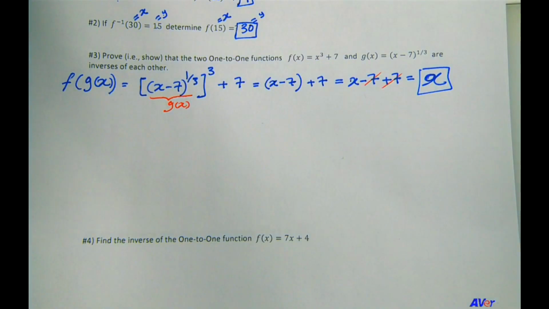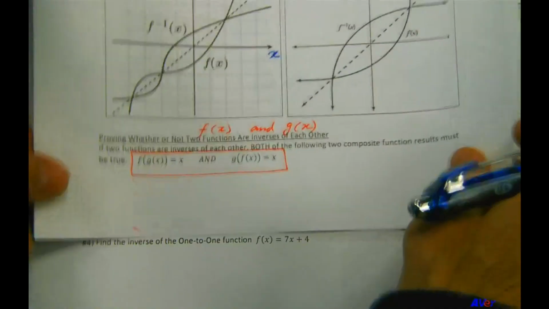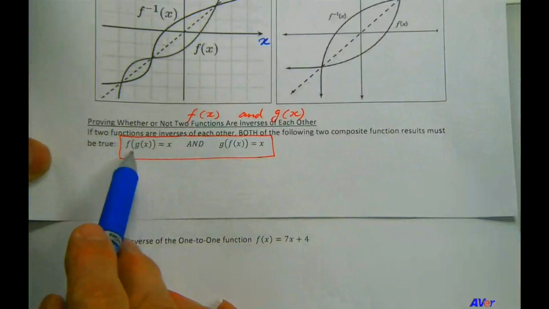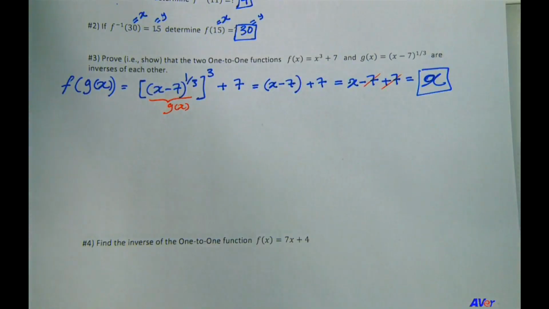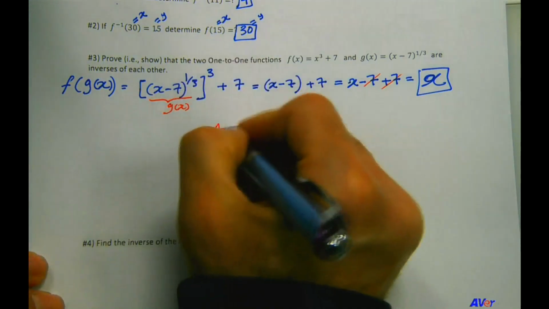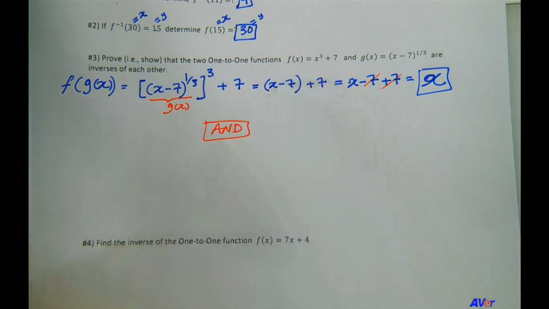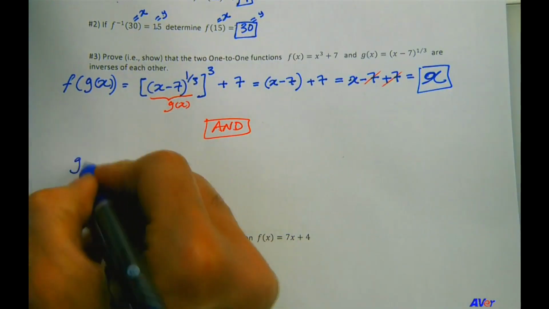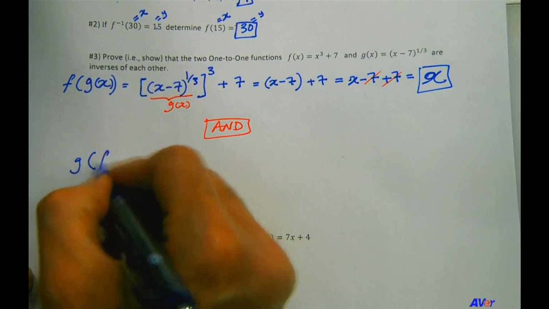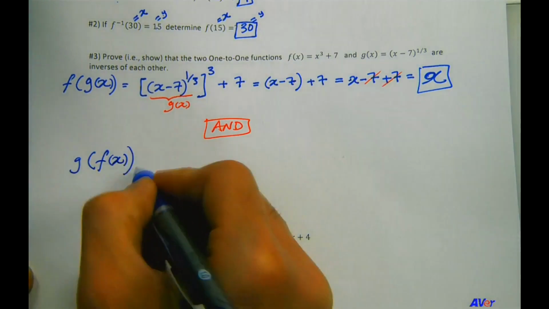Is this enough? No. It is the composition function in both directions. So this, and the composition function in that direction. So let's do that. Now we're going to swap the order of the composition of these functions. So g composition f.